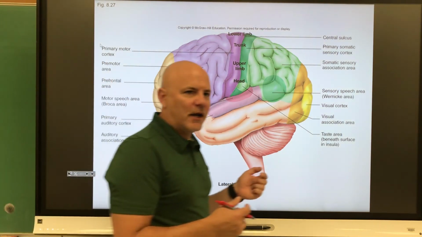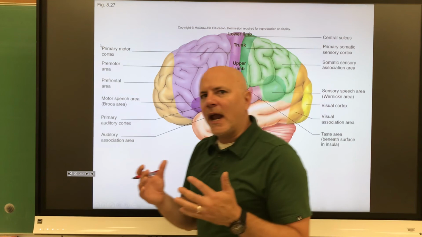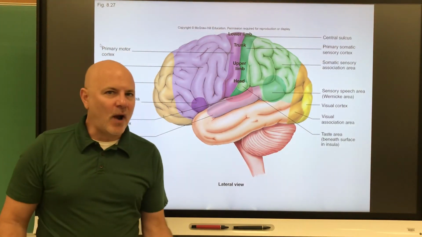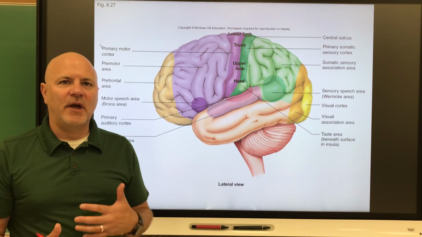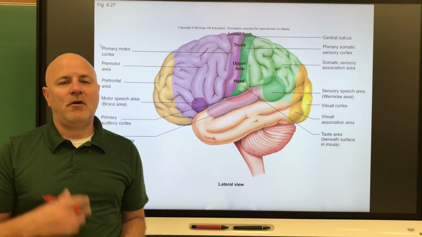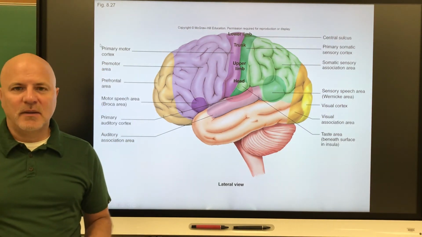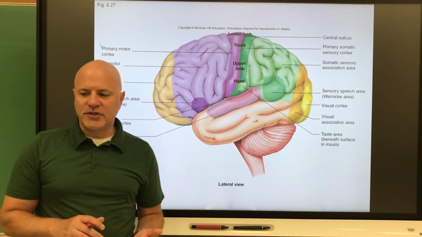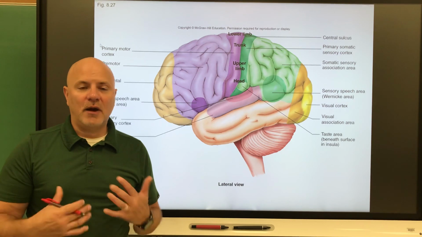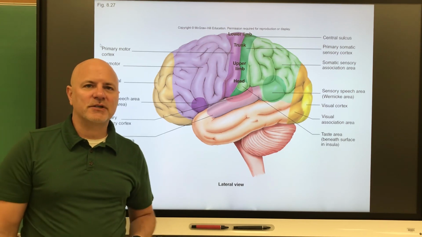But if I walk at all, I've got to coordinate the activity of my right and my left legs together. So I'm using my frontal lobe with my cerebellum, and those pathways are going to cross through the pons, as I mentioned earlier. Our cerebellum also maintains our posture and muscle tone. Now, if you remember, muscle tone is the partial contraction of a muscle.